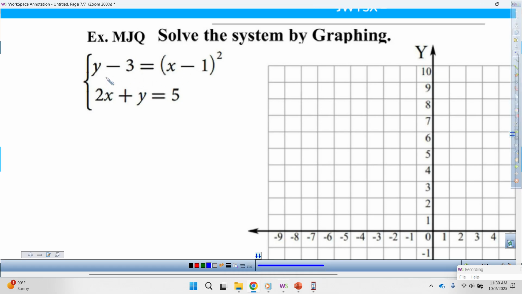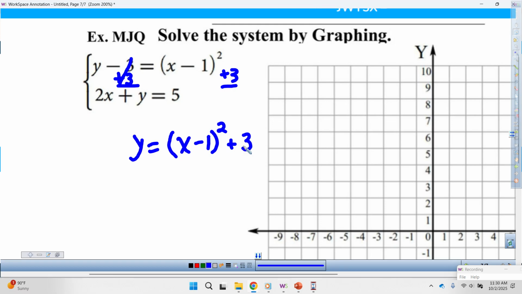It's already subtracting, so we add 3 to both sides. Add 3, add 3. So we end up with y equals, parentheses, x minus 1 squared plus 3.